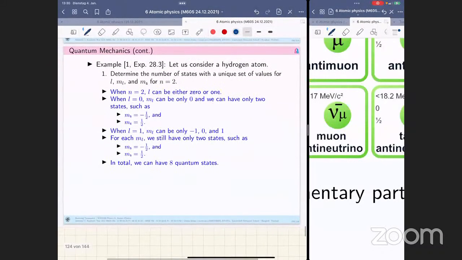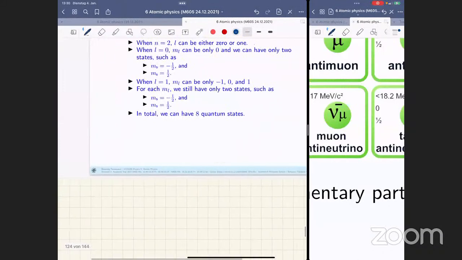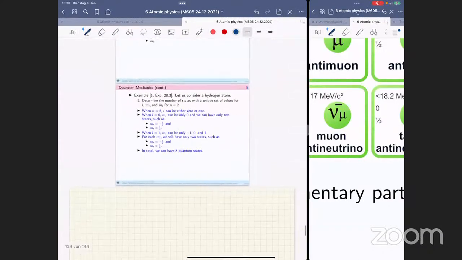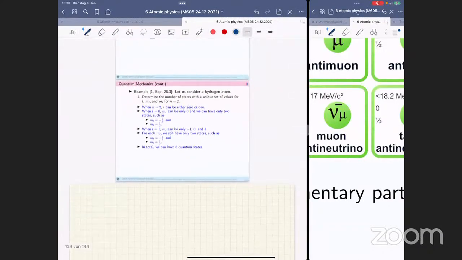Let's consider the hydrogen atom, which is the basic atom for us. Determine the number of states with a unique set of values for L, ML, MS for n equal to 2.